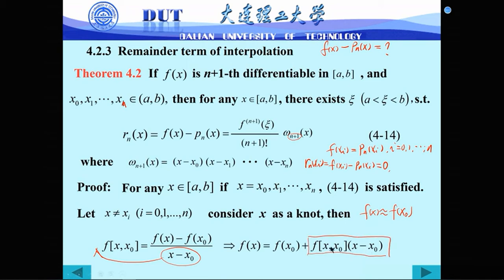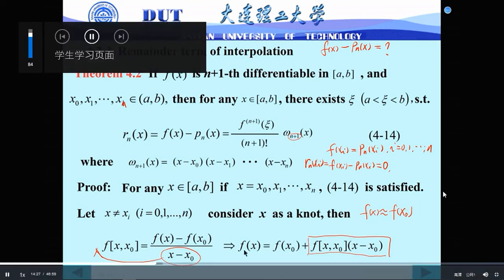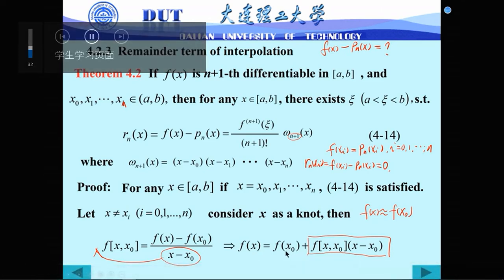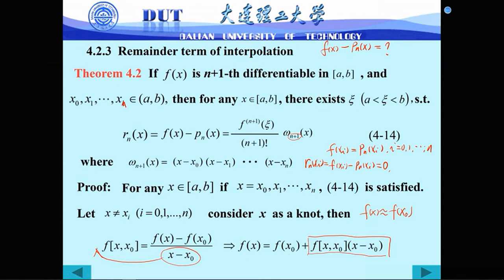Is it clear? If we just use one value f(x0) to approximate f(x), of course the error is big because you only use one point, right? Okay, let's continue.